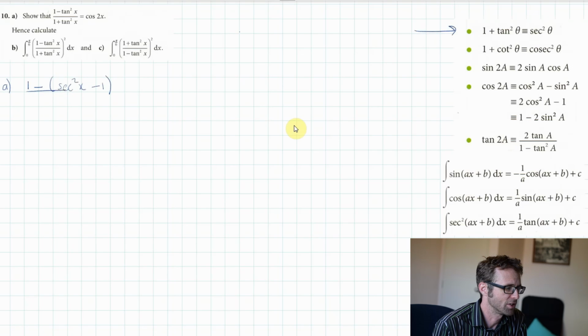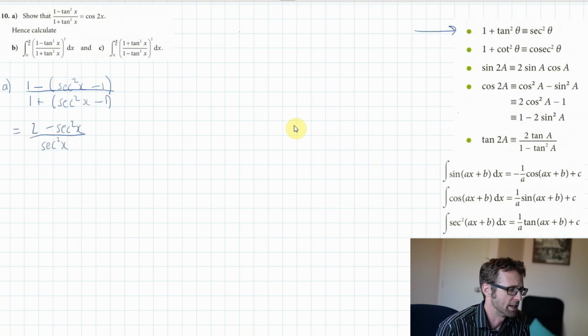I'm going to do much the same kind of thing on the bottom: 1 plus, now tan squared x is sec squared x minus 1. If we simplify this, we get 2 minus sec squared x all over sec squared x.